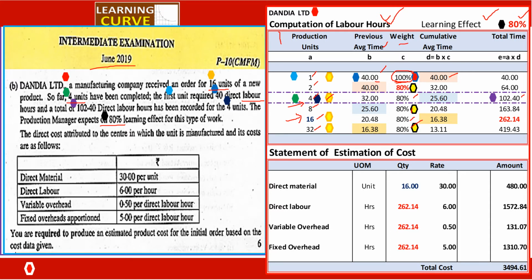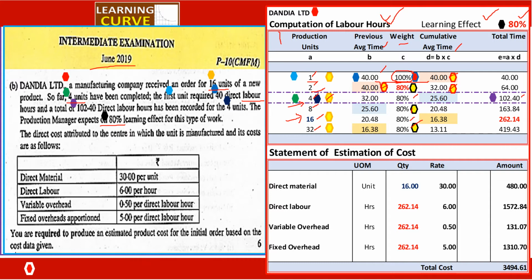We will have the first item production at 100% efficiency, and then the learning curve effect will be at the rate of 80% at each subsequent level. 40 at 100% is 40, and this is carried forward as the opening balance for the next level, where it is applied at 80%. 40 into 80% becomes 32. When we manufacture 2 units, our average time will come down from 40 to 32.